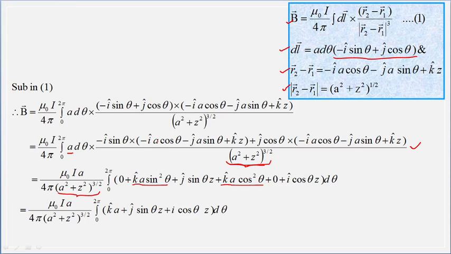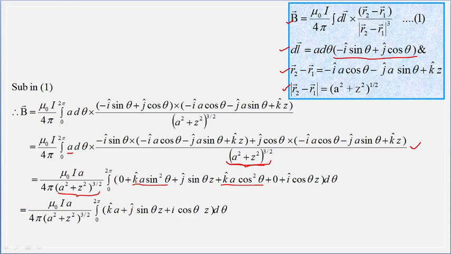Magnitude 0 means the vector is a zero vector. So that's why minus i cap sin theta minus i a cos theta. This i cap cross i cap is 0, so that's why this first term becomes 0. Then the second term: minus plus, i cross j. This i cross j is k.